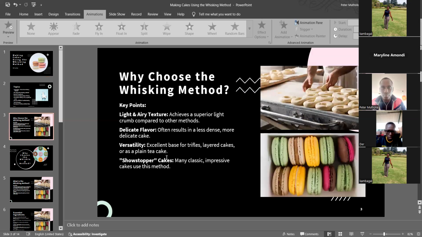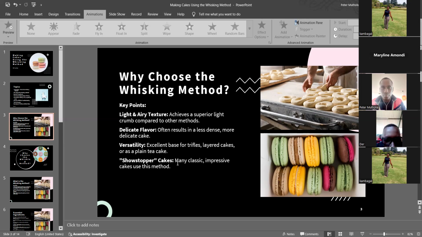I want us to look at why we choose the whisking method. Someone can read for us what you can see on the screen. Derek, read for us: why do we choose the whisking method?